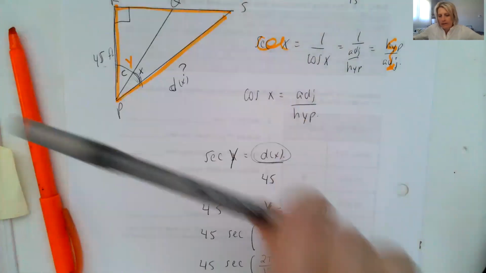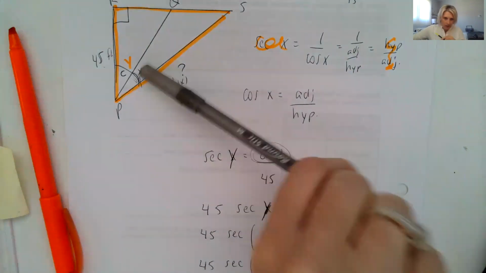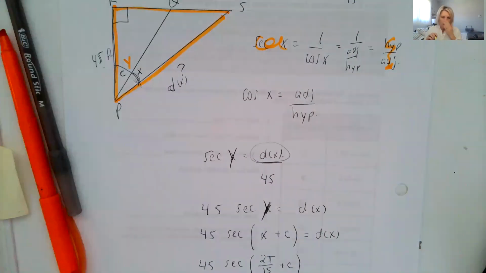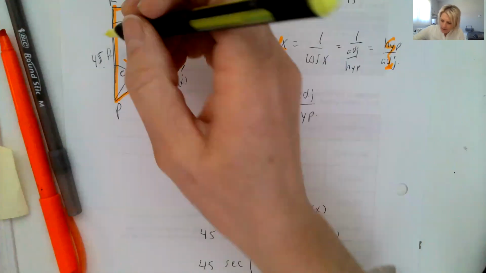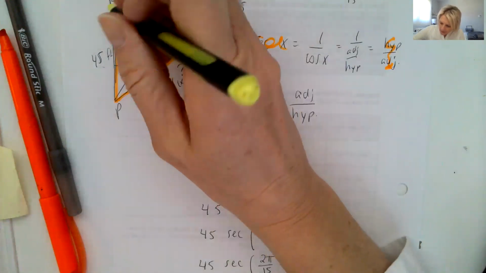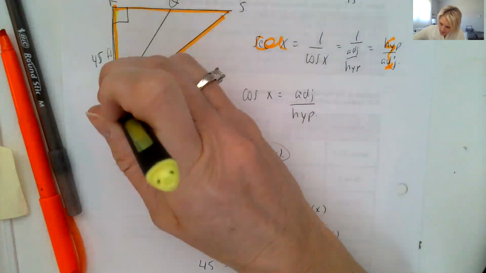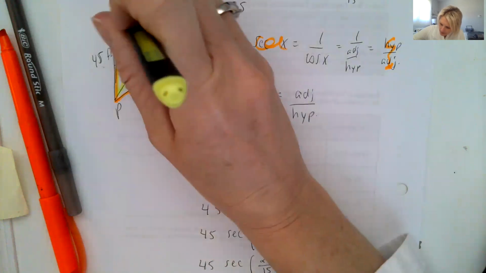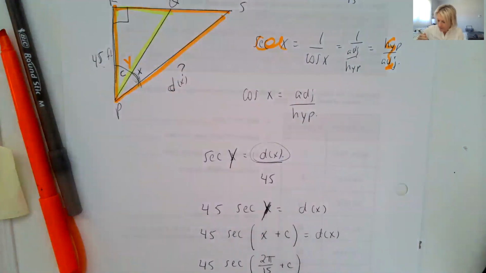That angle C right here is part of this small triangle there.